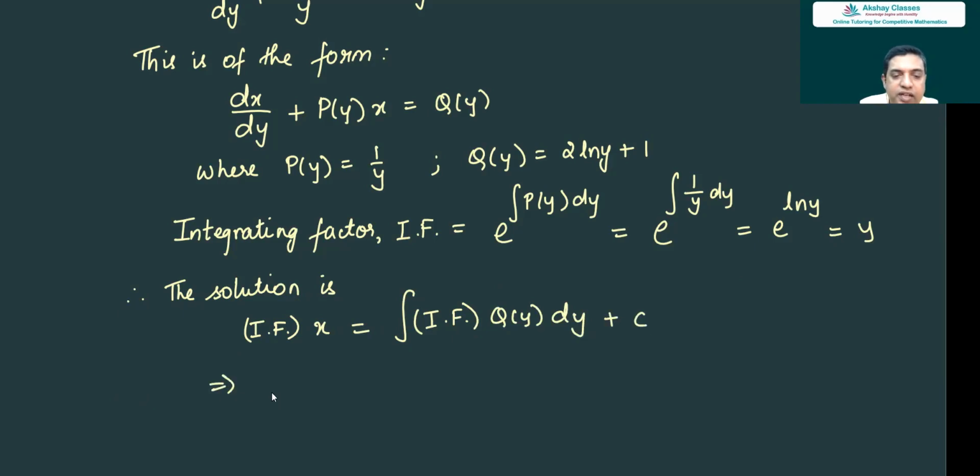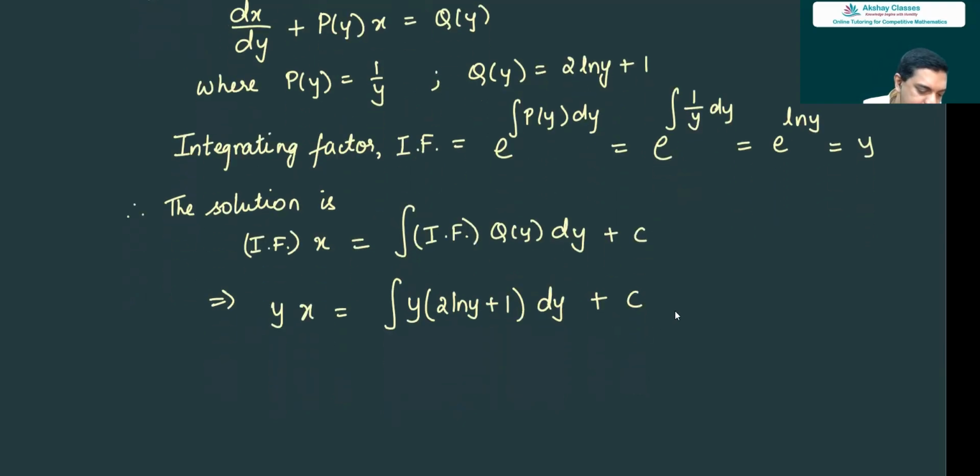So now integrating factor y times x is the integral of y times 2 log y plus 1 dy plus c.